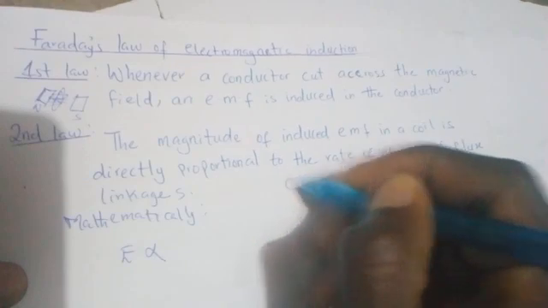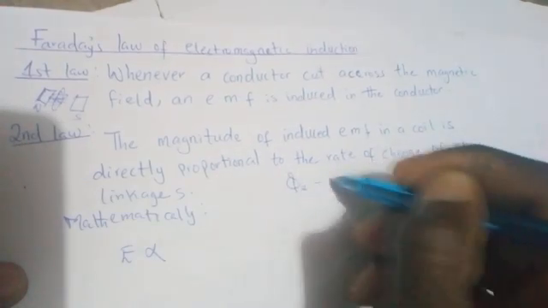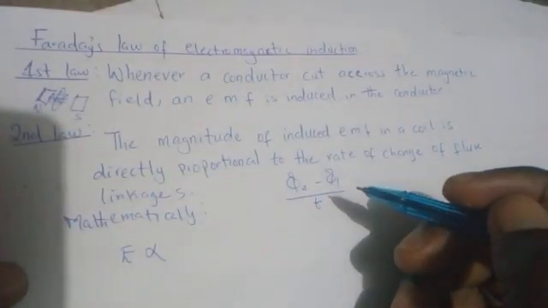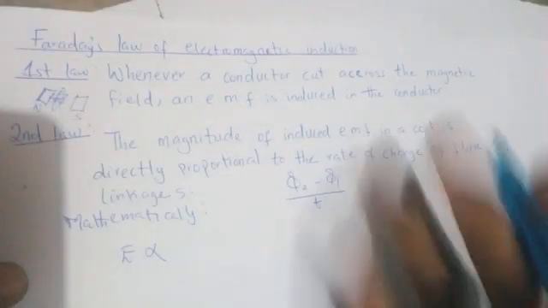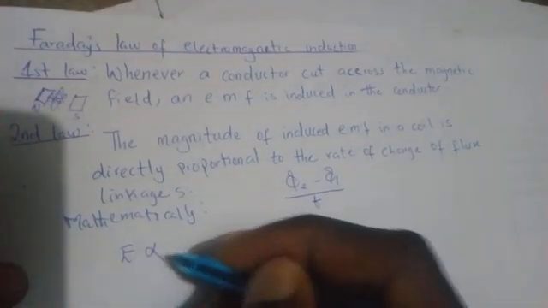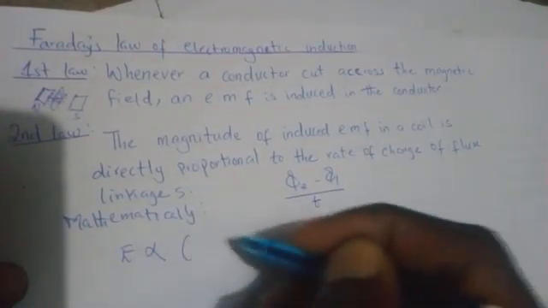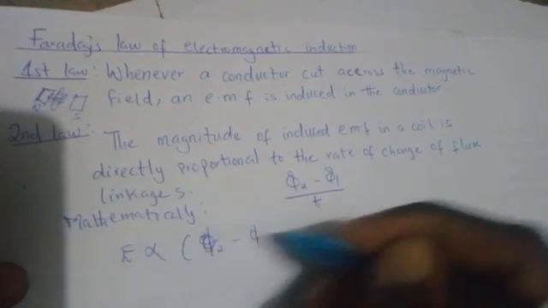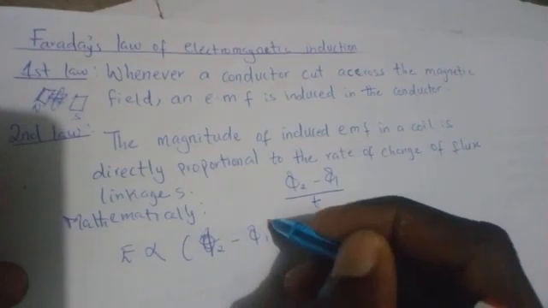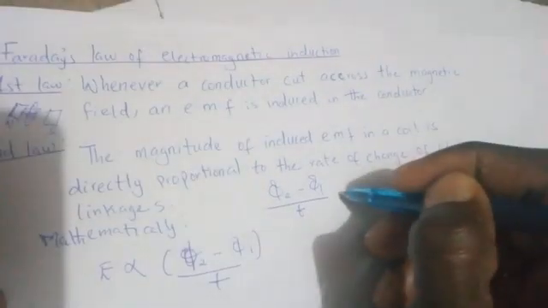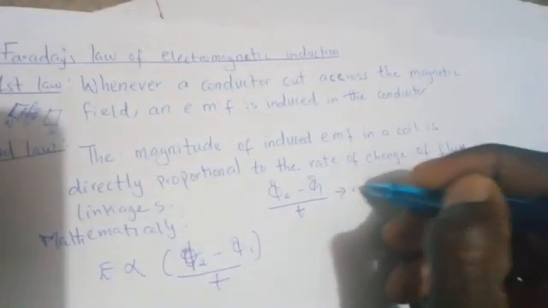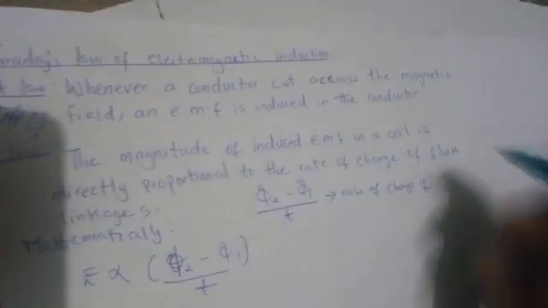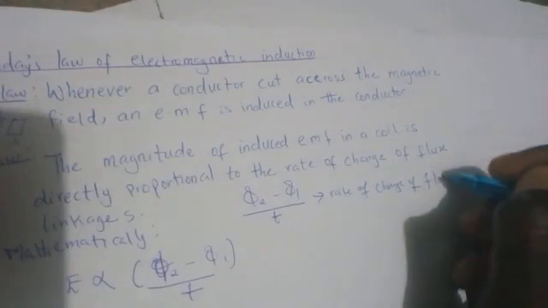Now, what is the rate of change of flux? Rate of change of flux is phi 2 minus phi 1 over T. Do you get it now? That is, as the flux changes with time. So this is our rate of change of flux.